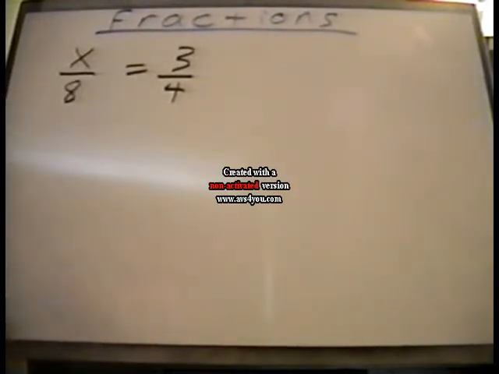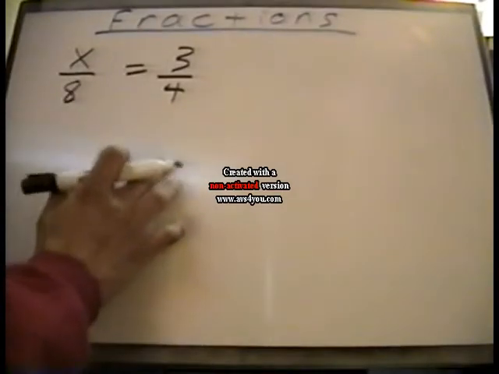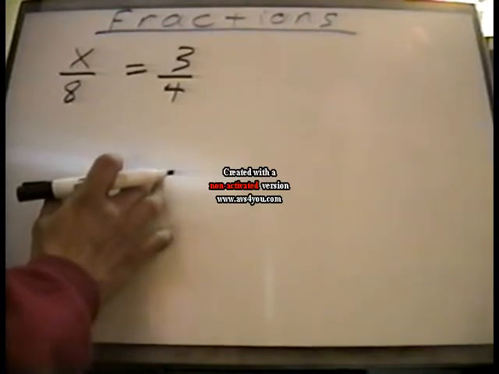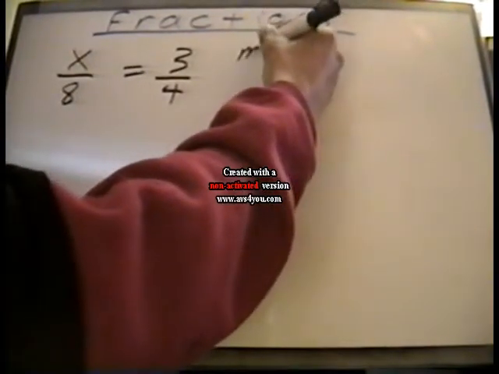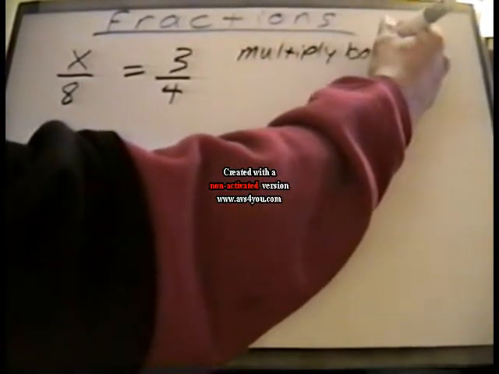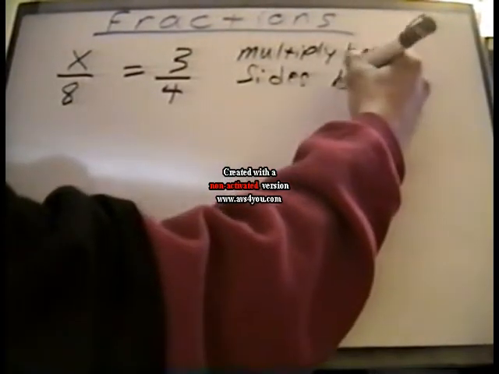Now one way to do this, now I'm going to cross multiply both. I'm going to show you the simple way, then we're going to get more complex with this. See, if I multiply both sides, multiply both sides by 8.